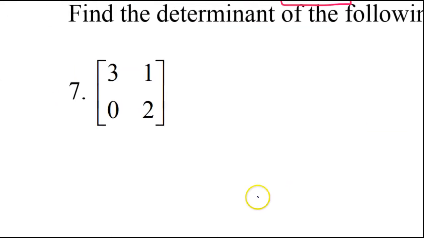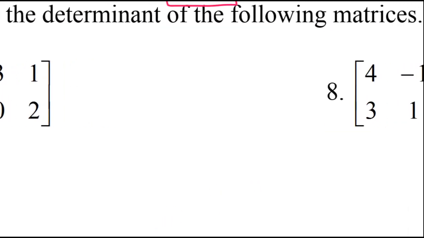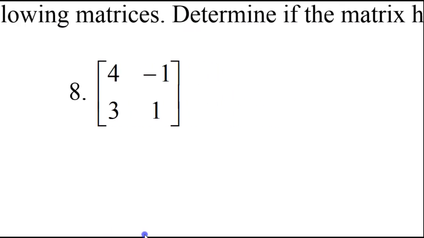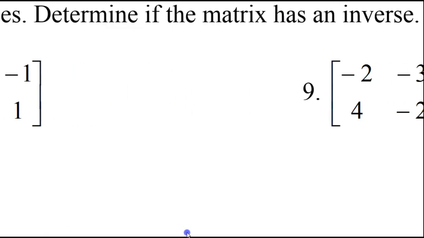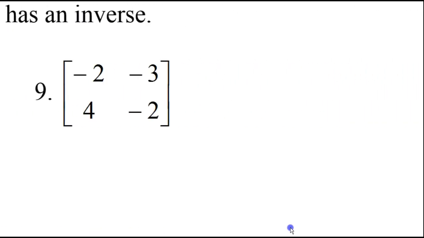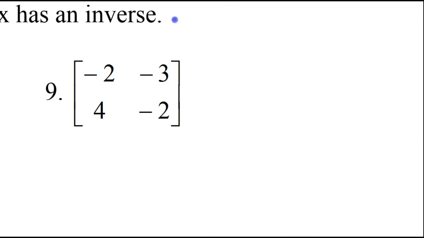Okay, now the directions for the next couple problems say find the determinant of the following matrix and determine if the matrix has an inverse. Okay? The matrix will have an inverse if two conditions are met. Number 1, it has to be a square matrix.